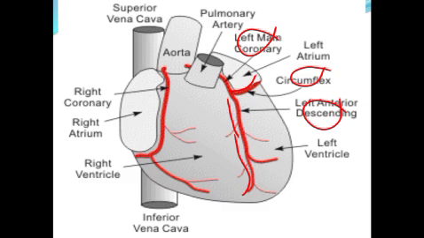The left anterior descending artery runs in the anterior part of the heart in the anterior interventricular groove, and so it supplies the anterior part of the left ventricle and gives diagonal branches that supply the lateral wall. This is one diagonal branch, and small septal branches that supply the interventricular septum.